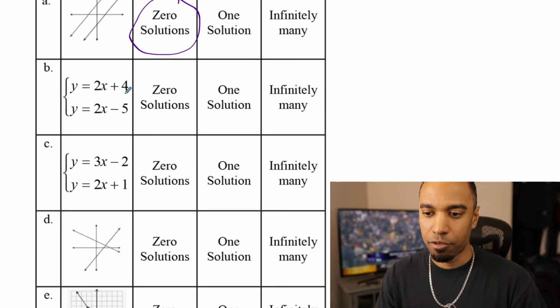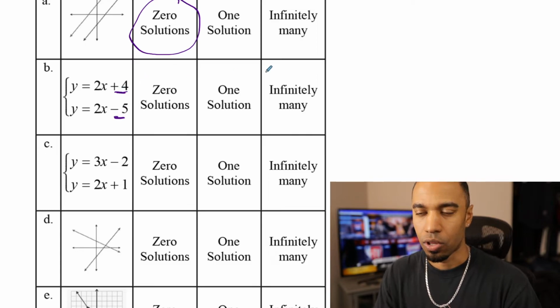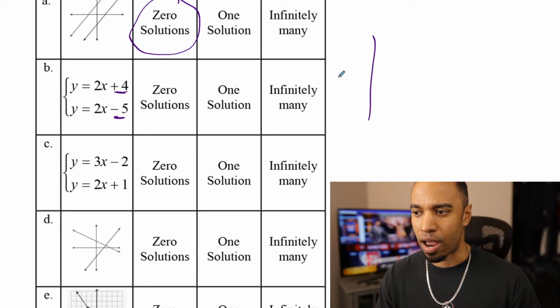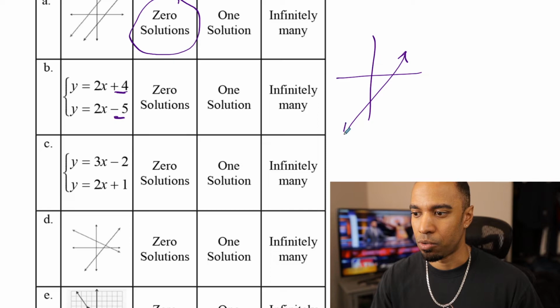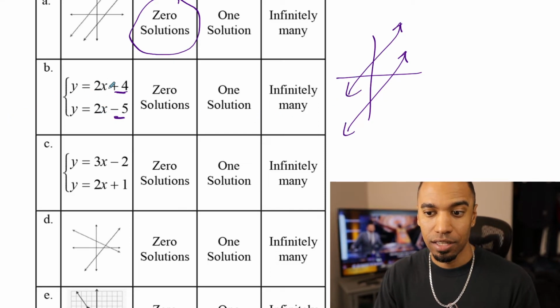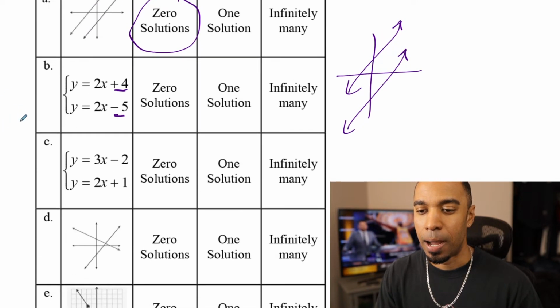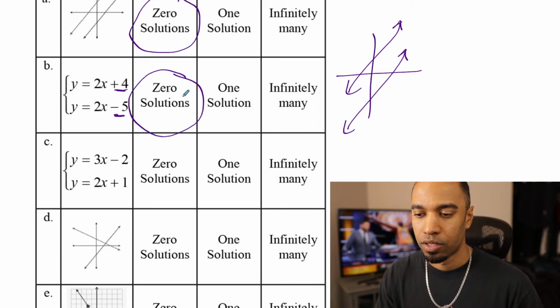We can determine that based off the y-intercepts here. As long as these numbers are different, they will be in different spots, which means they indeed are parallel. In fact, this problem might be the same as this one up here. I don't know, I didn't make these. So we do have 0 solutions on that one.